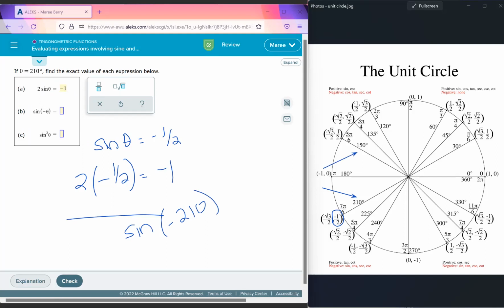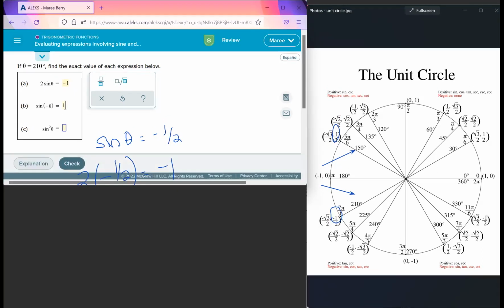And our y value is 1/2. So the sine of negative theta will be equal to 1/2. So we'll type that in. We have 1 divided by 2.